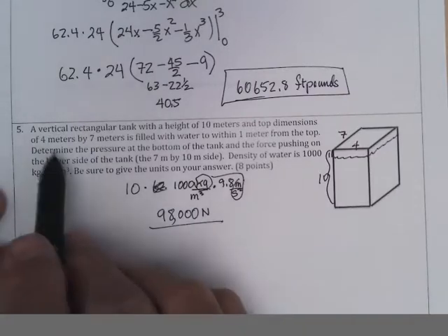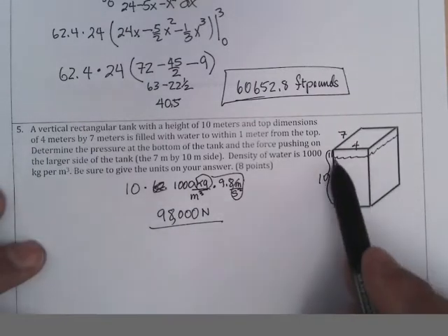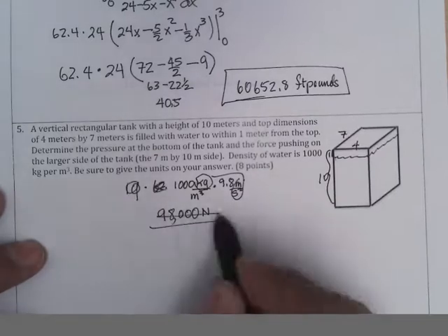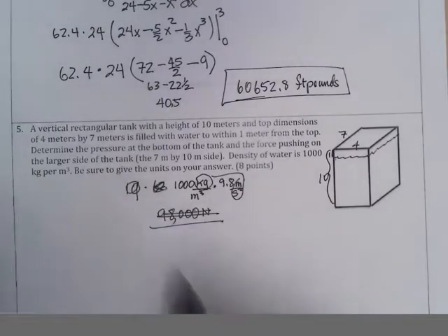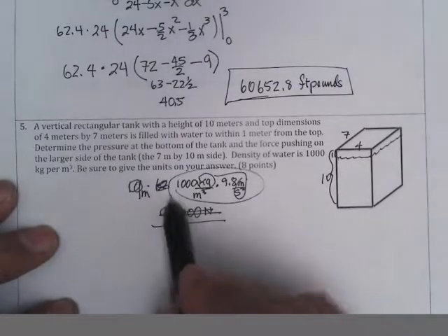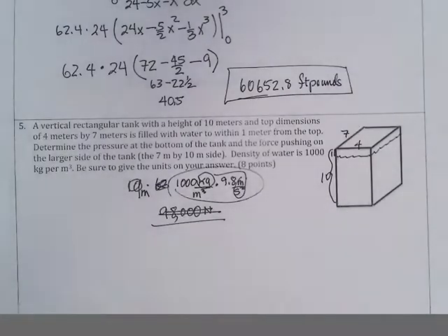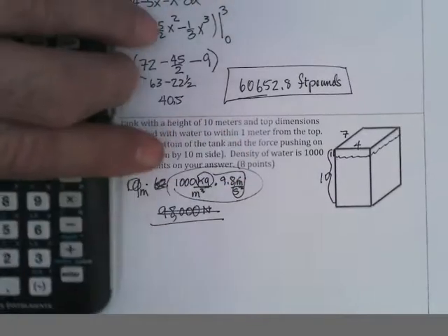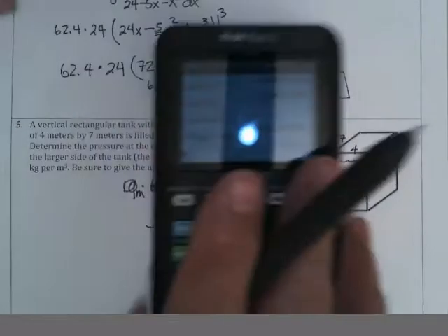All you have to do is take the depth of the water. It's a 9. My mistake. It's the depth times the weight density, and that's the pressure at the bottom. Not the weight on the bottom, that would have been the force. And I think I told somebody that.